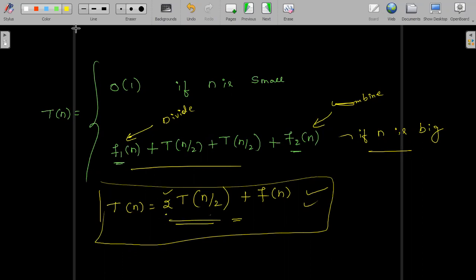Okay. So I will write it for you people. See here, two sub problems. Okay, two sub problems. This is already explained, but it's okay. Size of the sub problems.